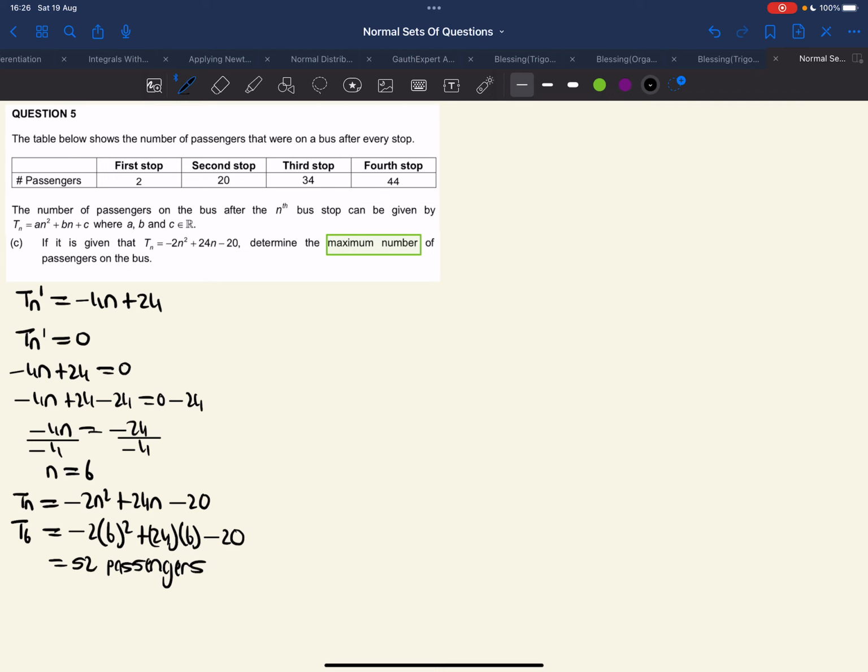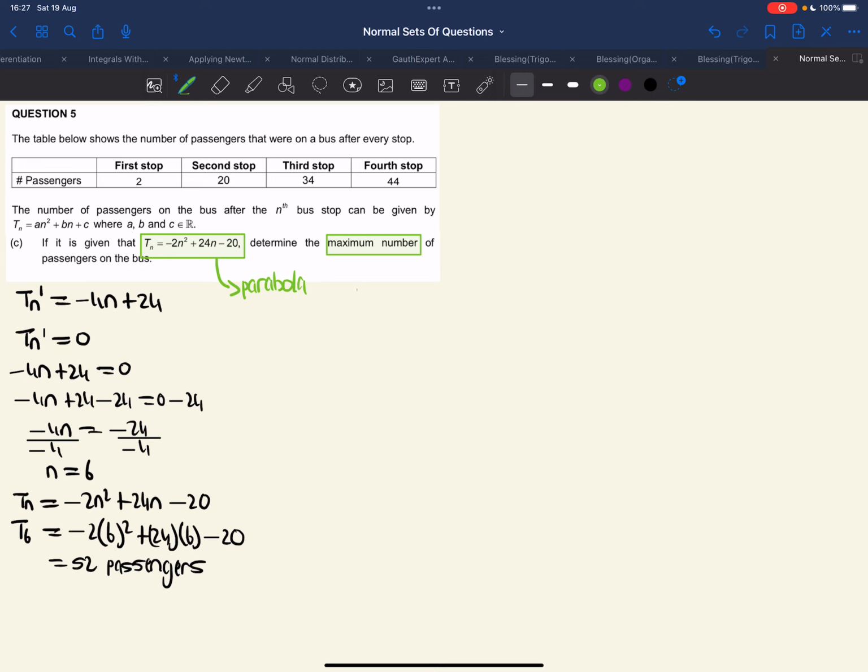Now this is a way that you can do it according to calculus, right? But another way that you can do it is to understand this kind of sequence as a parabola. When you're dealing with functions, this kind of sequence is referred to as a parabola. Can you see that a is negative?